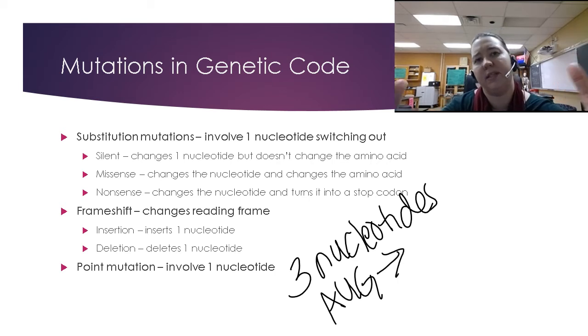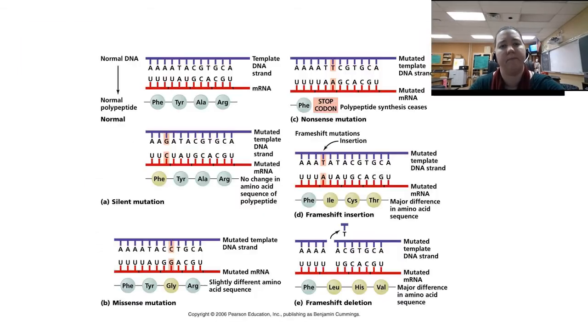So every 3 nucleotides is our reading frame. If we put in a nucleotide or take out a nucleotide, it changes the whole strand. Anytime we talk about one nucleotide, we're talking about a point mutation. Now, with frameshifts we can also insert more or less depending on what we're talking about, but we'll just focus on one for right now.